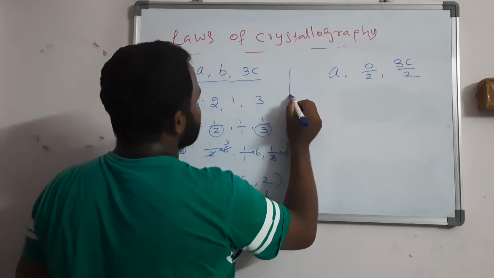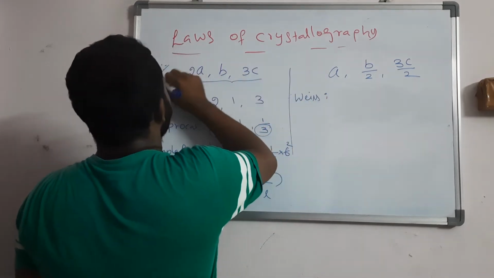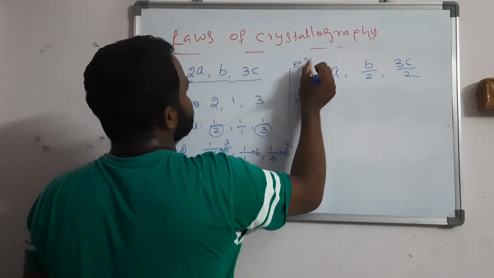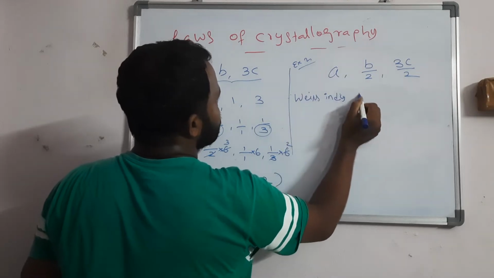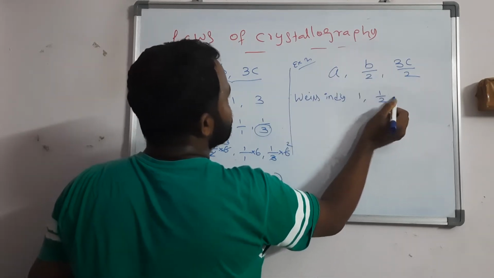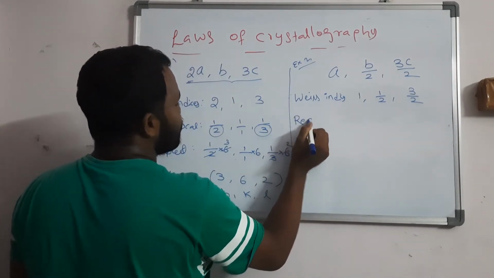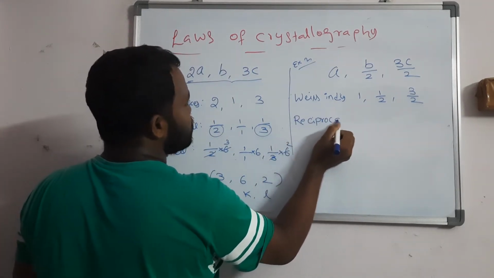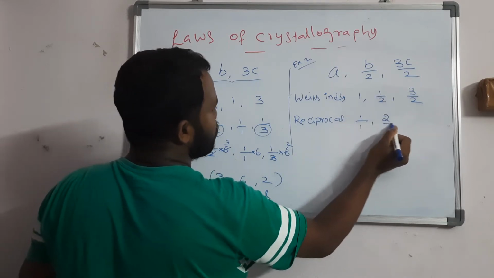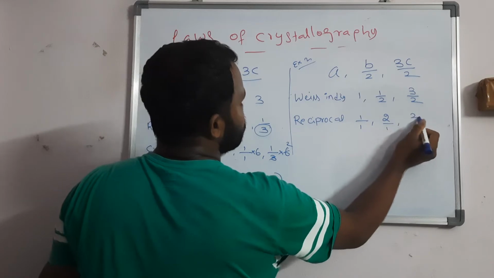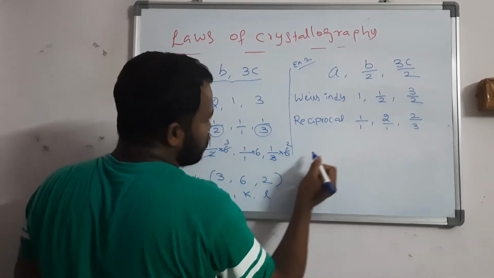This is the second question, example 2, after example 1. First we write the Weiss indices. What are they? Here 1, here 1 by 2, here 3 by 2. Next, write the reciprocal. Just reverse: 1 by 1, 2 by 1, which is 2, and then 2 by 3. The LCM of the denominators 1, 1, 3 is 3.